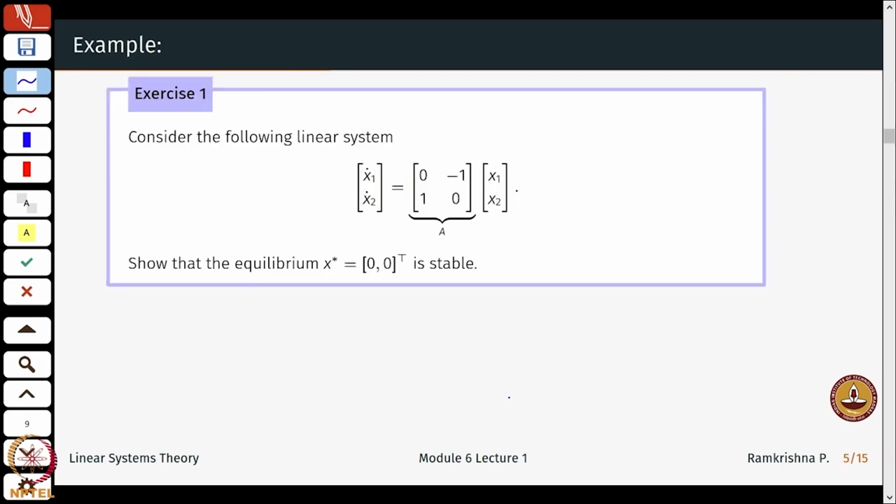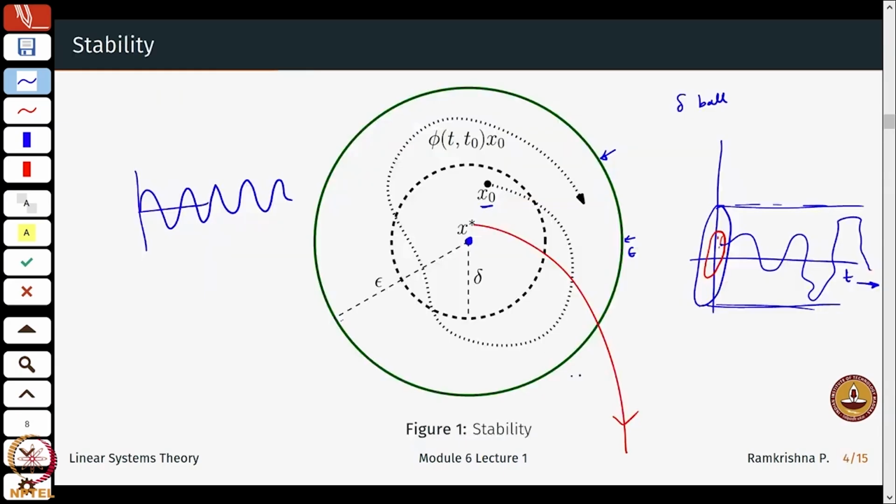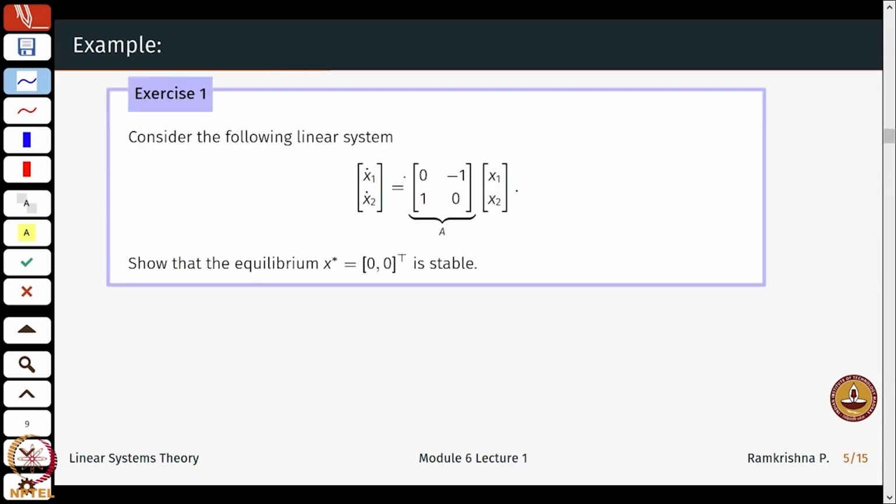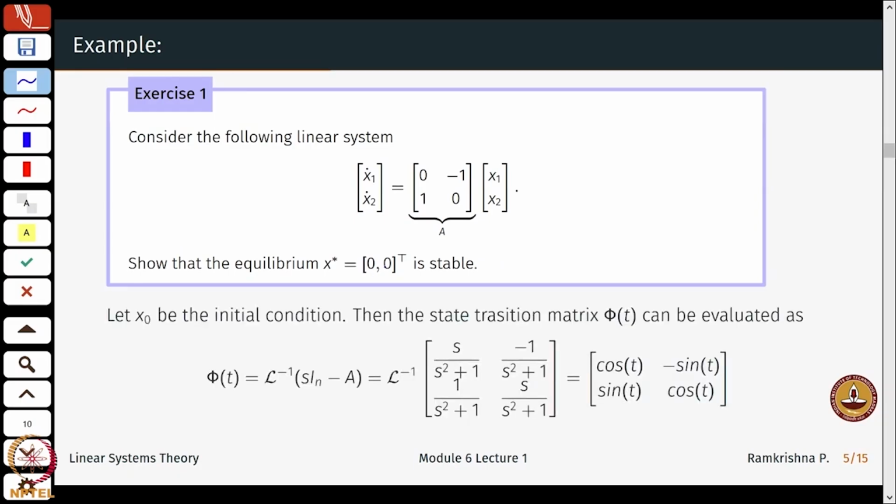Okay, just to give you a very basic, seemingly trivial illustration of what is happening in this picture, let's start with this second order system. x1 dot is minus x2, x2 dot is x1. Show that the equilibrium is stable. It is easy to verify that 0 comma 0 is an equilibrium.